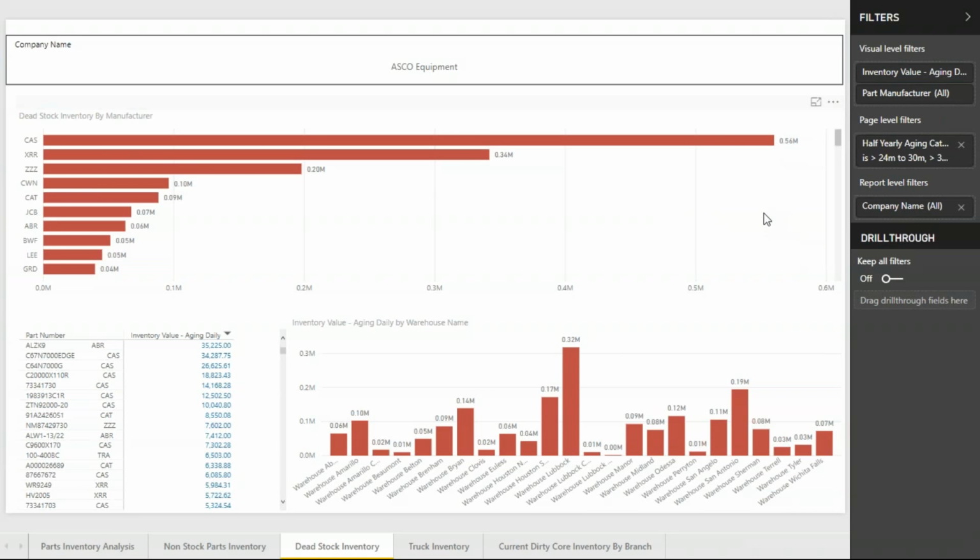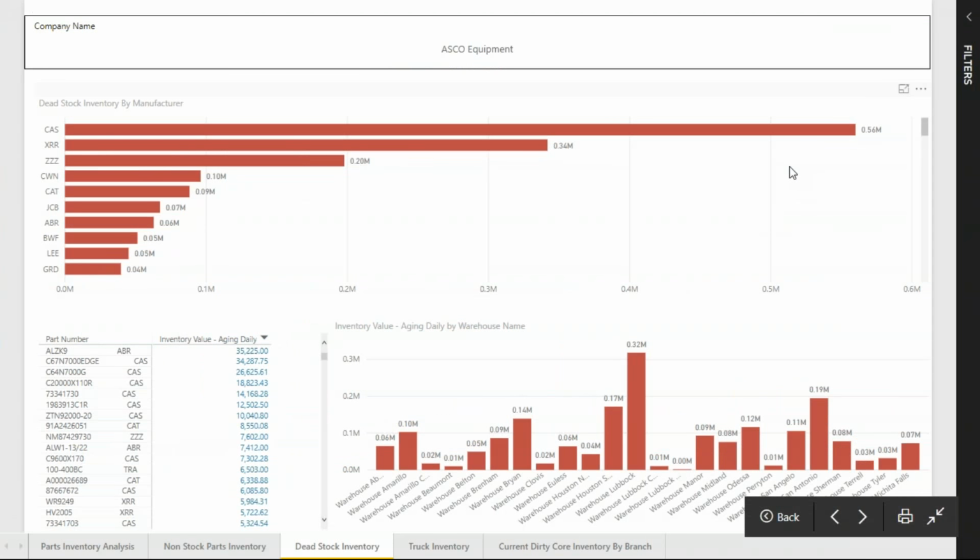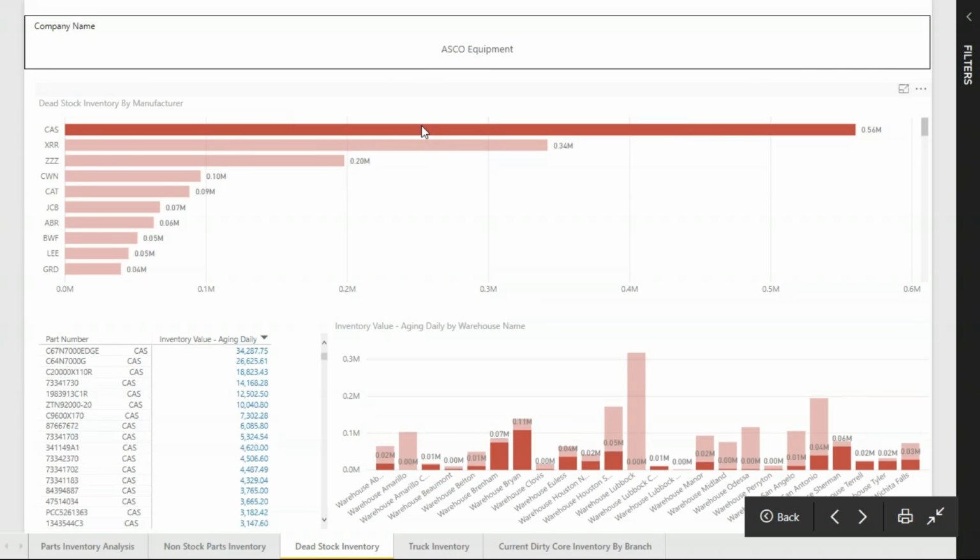This is, we call it dead stock, everything that's aging for more than 24 months. And if your criteria is something else, I can just set it up here. But as a general rule, anything aging more than 24 months shows up on this report. Tells you the manufacturer, the list of parts, everything. So you could be tapping on case, you want to see, okay, it's got 460, almost $500,000.